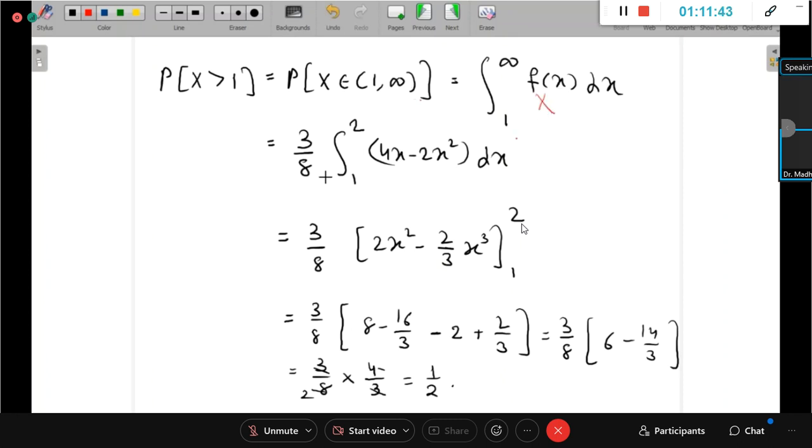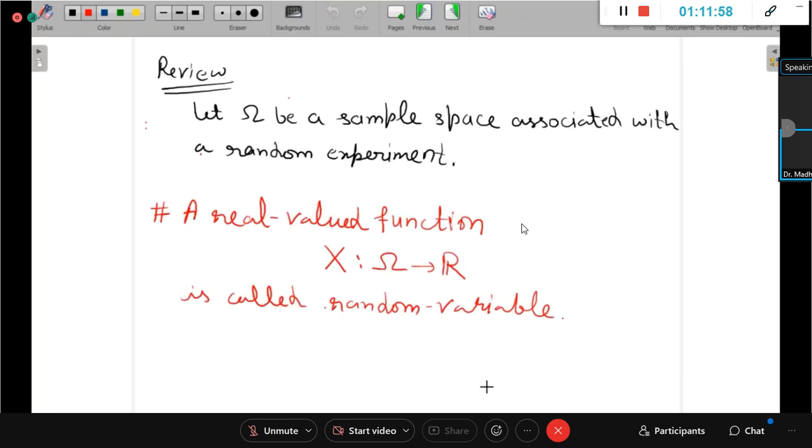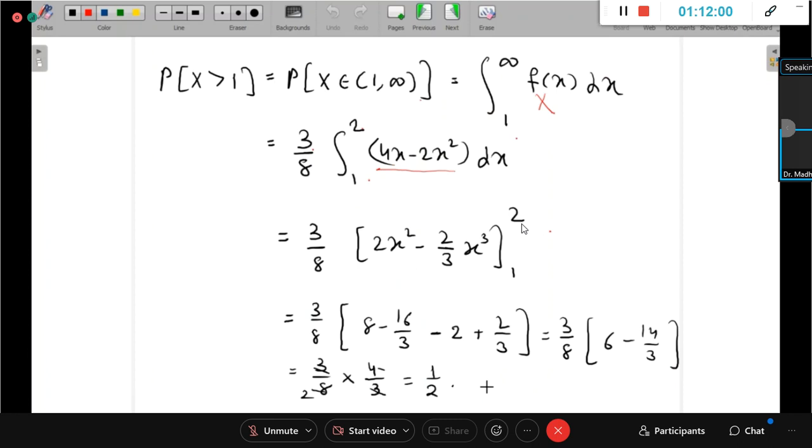So you have to substitute carefully now. It is 3/8 times (4x minus 2x squared) from 1 to 2, and if you immediately apply this, this is going to be 1/2. Okay, right? So this is one example for a probability density function. If you have any question, you can ask.